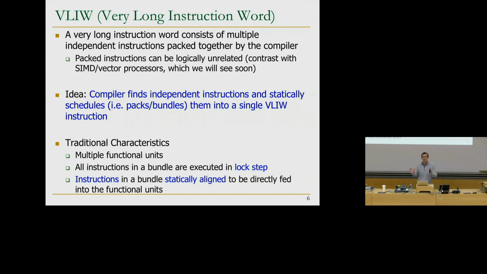So the compiler needs to know the machine really, really well. And if you're the assembly programmer, you need to know the machine extremely well to be able to program this sort of machine. So it's not easy to program, but if you develop a really good compiler, the compiler is able to reason about these things and schedule instructions such that it can find independent instructions across the entire program potentially.